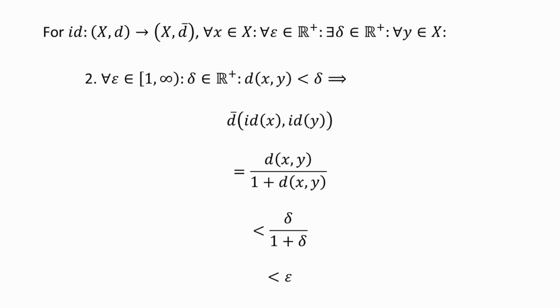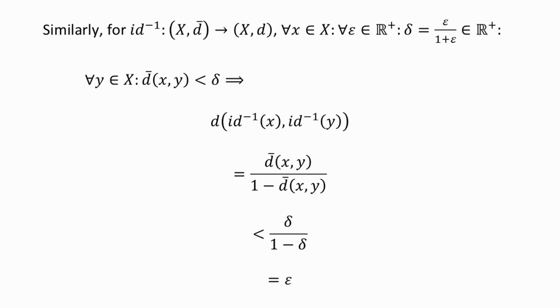So combining part 1 and part 2, we prove that for all epsilon in R plus, there always exists a delta in R plus such that for all y in x, d of x and y smaller than delta implies d bar of it x and it y is smaller than epsilon, which means it from xd to xd bar is continuous.